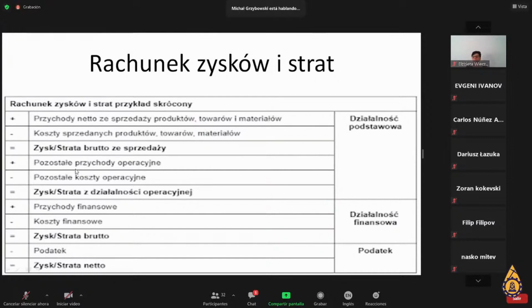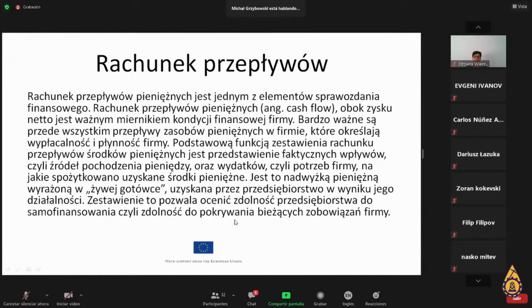And below, there are other operating revenues, other operating costs, and loss or profit on operating activity. So it pertains to all of the revenues on sales, costs on sales, and all of the other operating costs and revenues. Then the next section, financial activity, financial revenue, financial costs, and again, profit or loss, and finally, taxes.